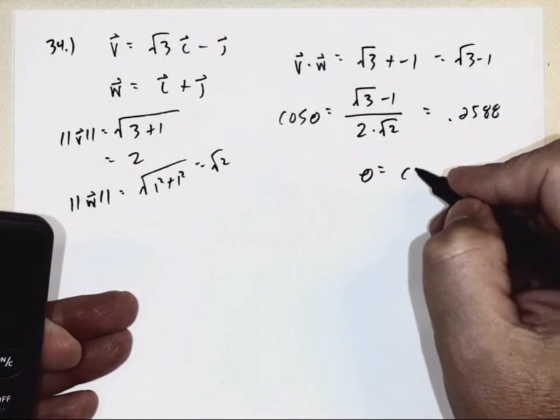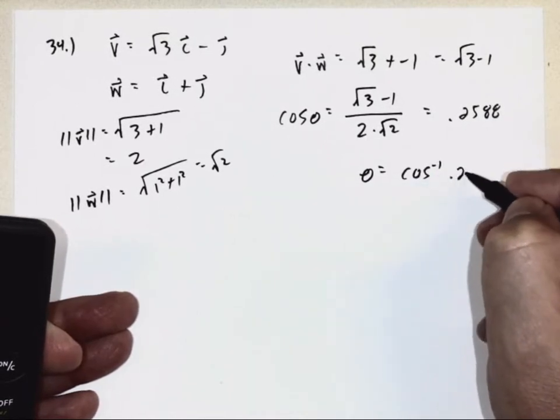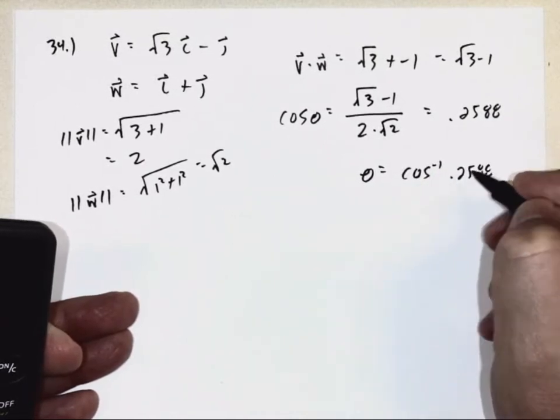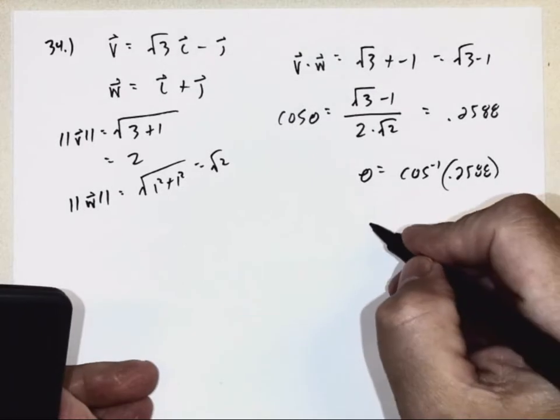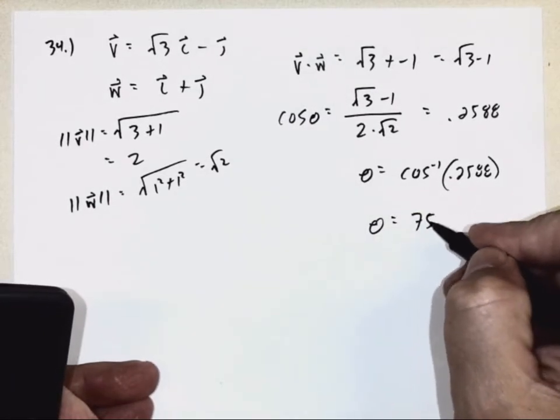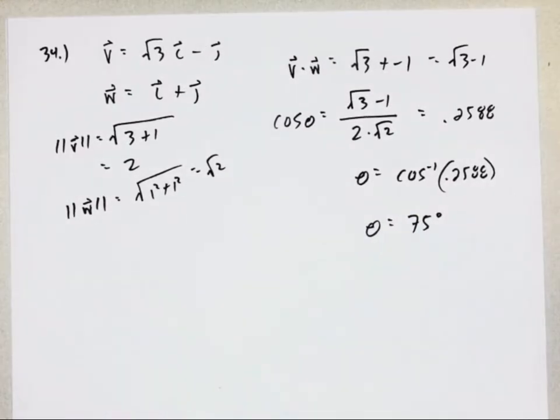Of course, theta would be the inverse cosine of this, which is 75 degrees.